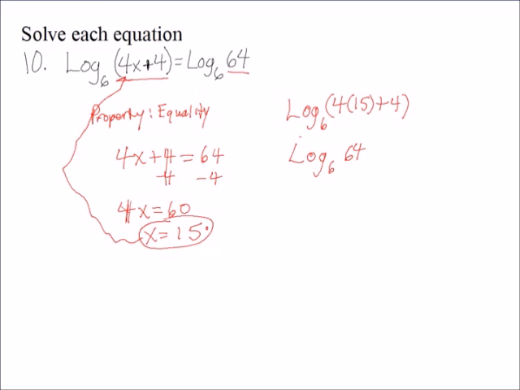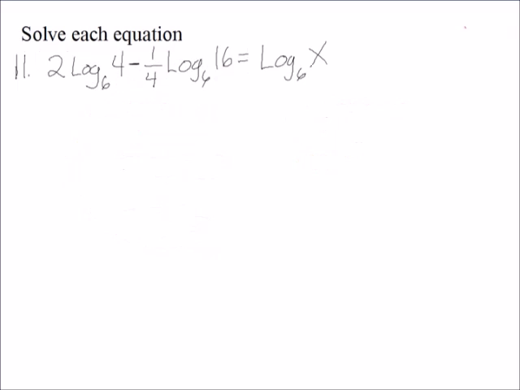Last problem. You got a lot going on here, because you got 3 properties going on at the same time. You got the equality property, because you got 2 logs equal to each other and they all have the same base.